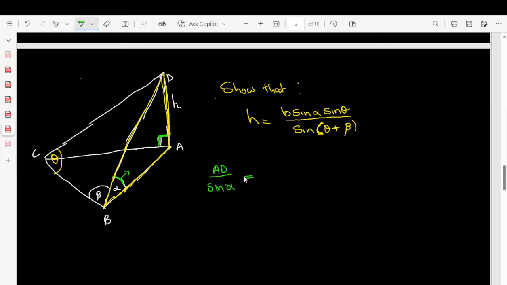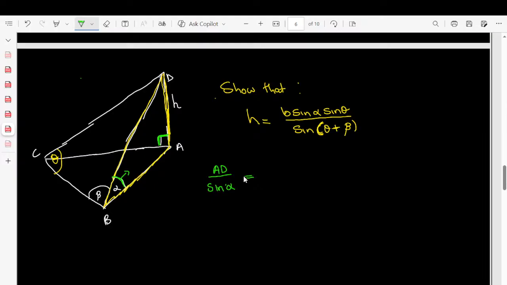Now I need to choose another side that I can work on. And then now, what can we do? I know that on the statement, there's something that is given there.